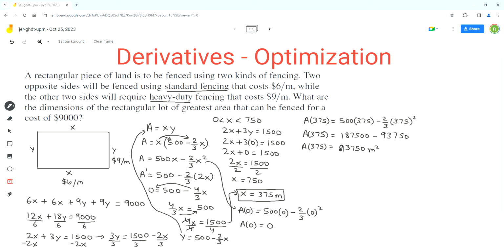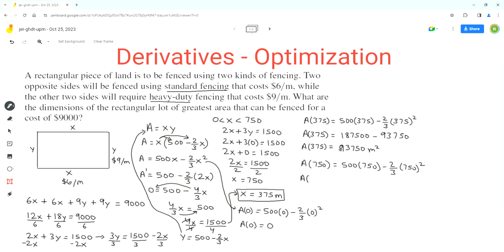Now we have to calculate the area at 750. So we'll use the same equation. So 500 times 750 minus 2 over 3 times 750 squared.